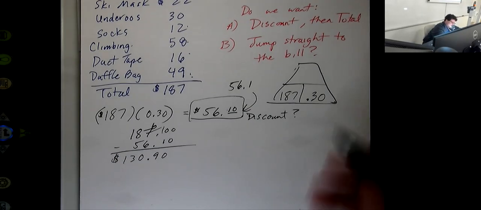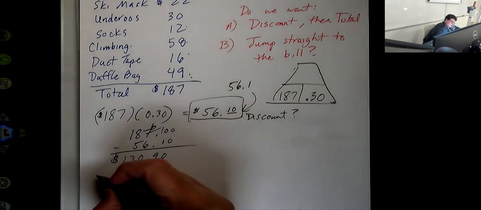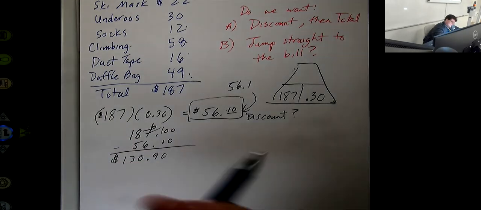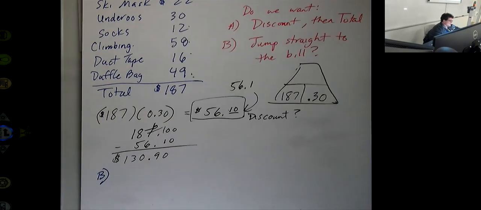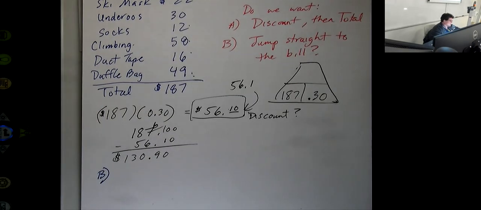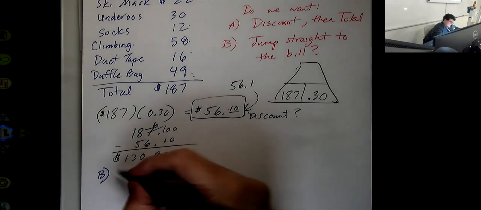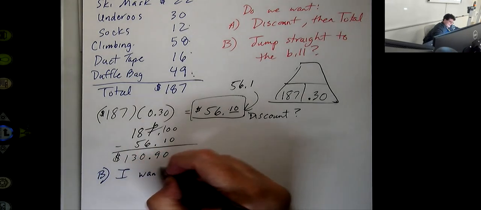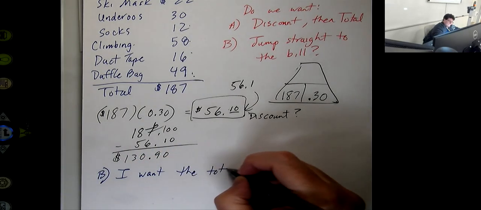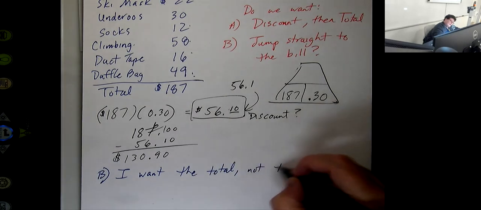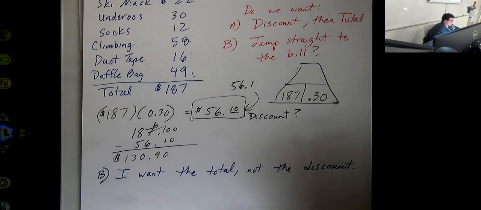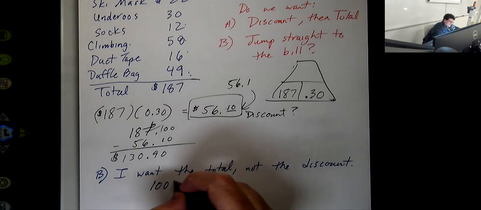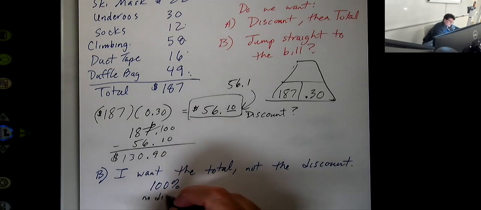So the other option is, if I jump straight to the total, I don't want to find out what the discount is. I want the total, not the discount. How would you do that? If I had no discount, I'm paying 100%. That's the no discount version.